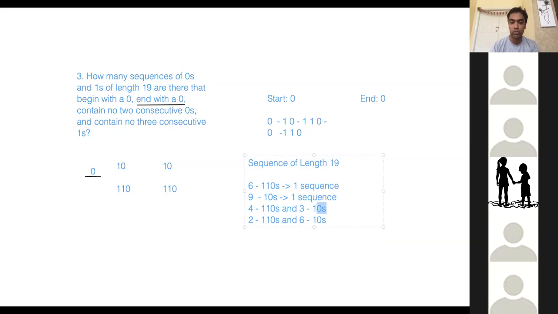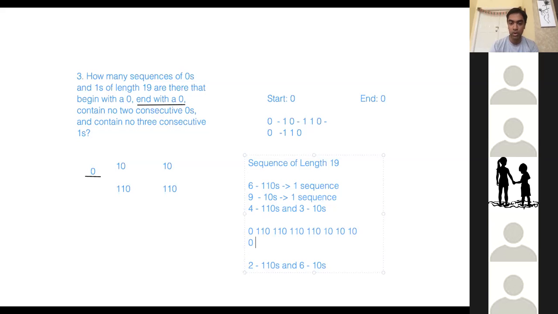What about this one with 4 1-1-0s and 3 1-0s? Is there one sequence that fits that or more than one? So here I need to decide how to put 4 1-1-0s and 3 1-0s in my sequence, right? I could finish all my 1-1-0s first and then put the 1-0s.